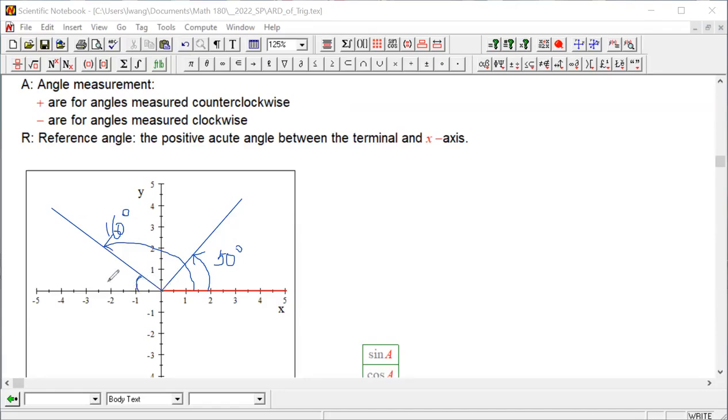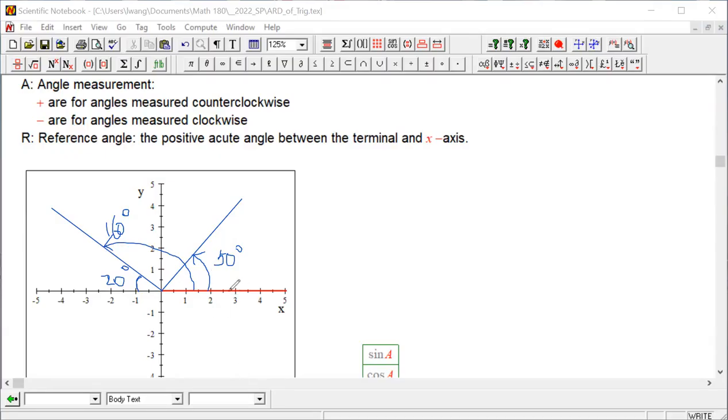And of course, this angle is 20 degrees. The 20 degrees is the reference angle for the 160 degree angle.